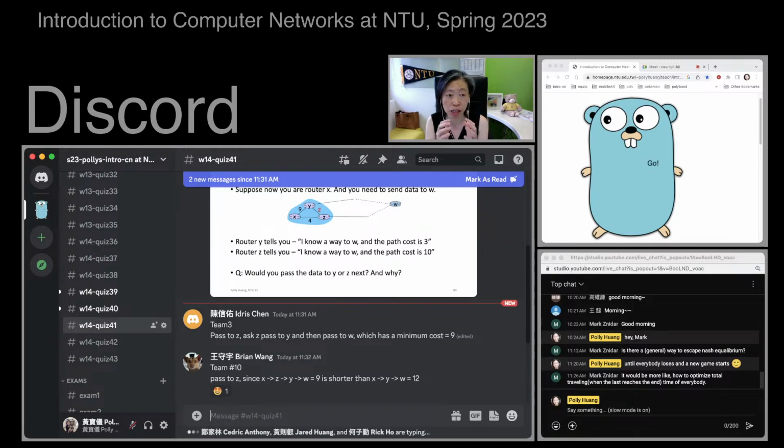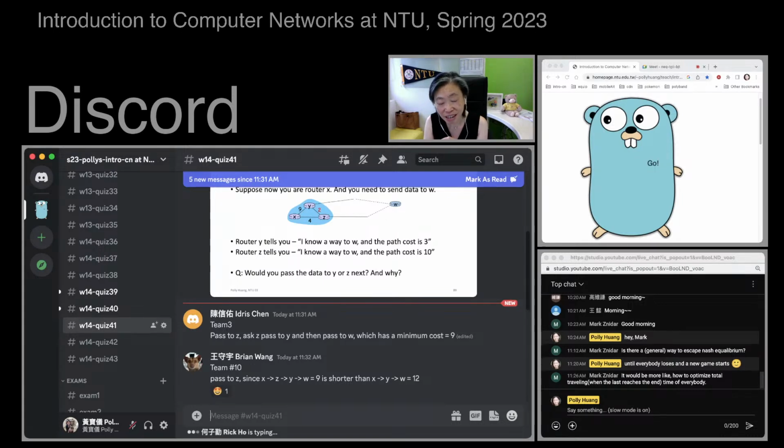Essentially, each router, such as yourself, router X, depends on information given by router Y and router Z. And how does X know the link cost between Y and Z? Usually what happens is this. Y might be suggesting, hey, there's a way to go to W, but if you send it through Z, then it's shorter.